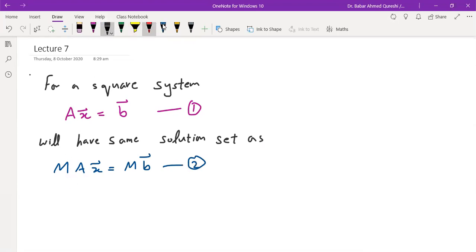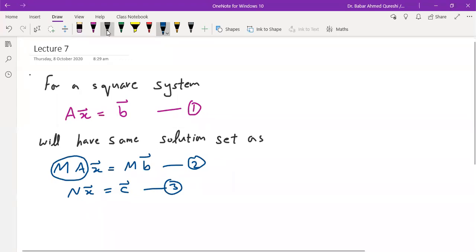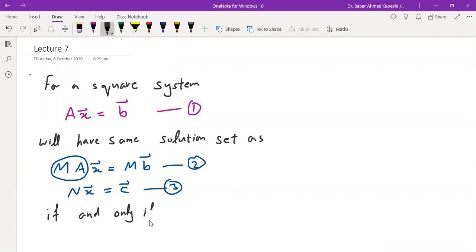I'm thinking of this now as a new system because I can multiply these two to get a new matrix and multiply this matrix with this vector to get a new vector. So 2 and 3 are just the same thing. I've just multiplied 2. So these and number 1 will have the same solution if and only if this matrix M is non-singular.